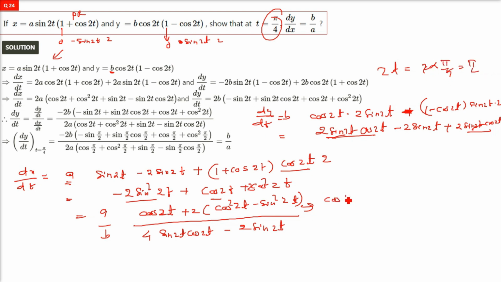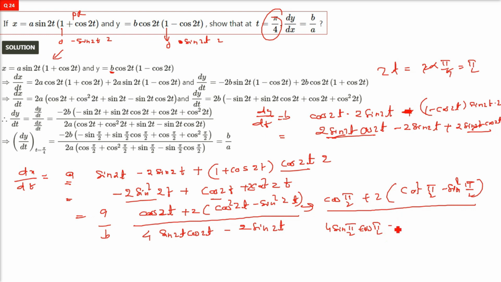So cos pi by 2 plus twice of cos square pi by 2 minus sin square pi by 2, divided by 4 into sin pi by 2 cos pi by 2 minus 2 sin pi by 2. Please remember, sin 0 is 0, sin pi by 2 is 1, cos 0 is 1, and cos pi by 2 is 0.